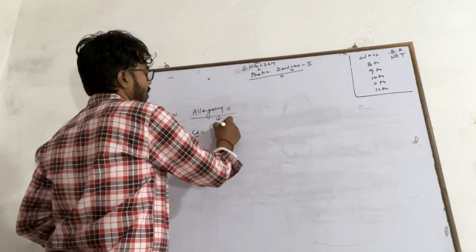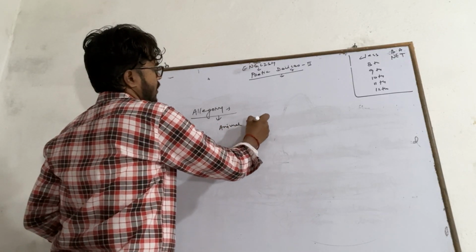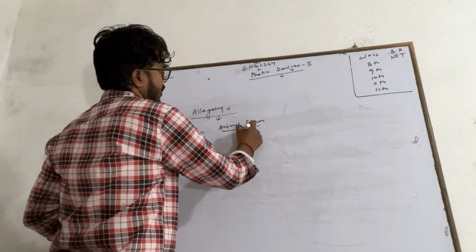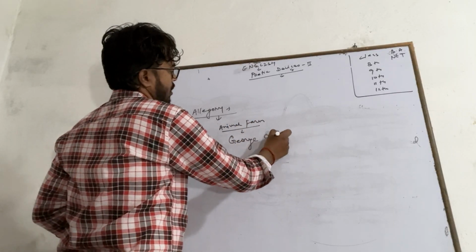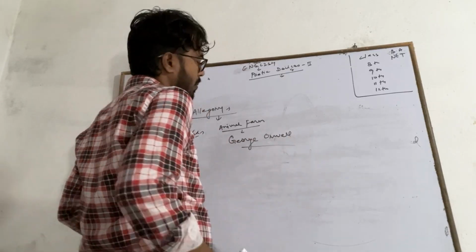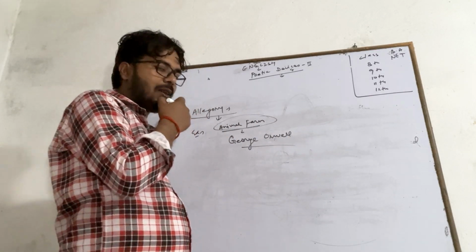If I give the example of Animal Farm, a very famous book written by George Orwell, if you know this writer. What is Animal Farm? Animal Farm is a book all about some animals.